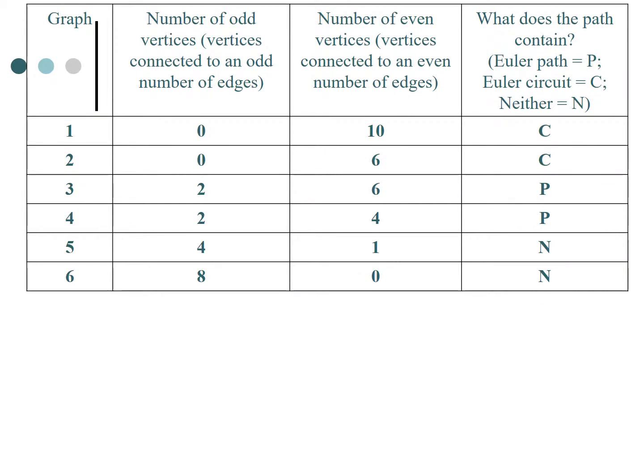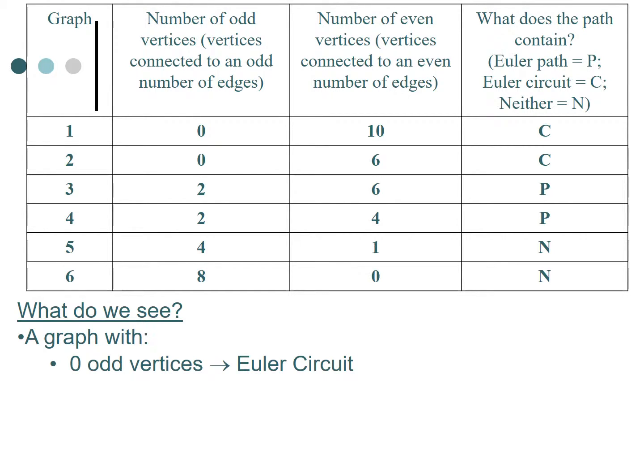Now, if we look at the table that we created, can we notice a pattern here? Well, yes, we do. If you have a graph and it has 0 odd vertices, it's going to be an Euler circuit. It's possible to draw through each edge once and only once and end up where you started.